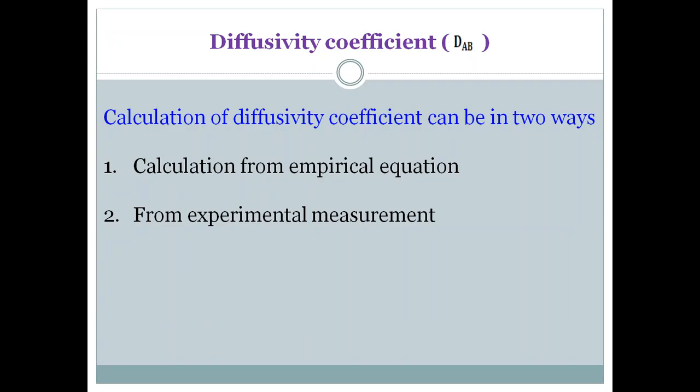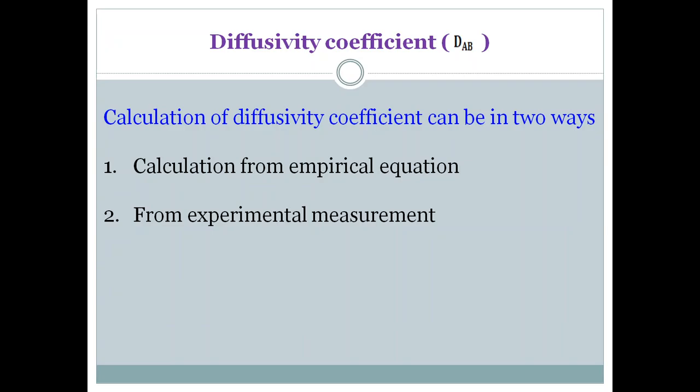People use empirical correlation when we cannot predict a phenomenon with our knowledge, whatever theory we develop. Then people do some experiments, and from these experimental findings they fit some equation, and that is called empirical correlation.